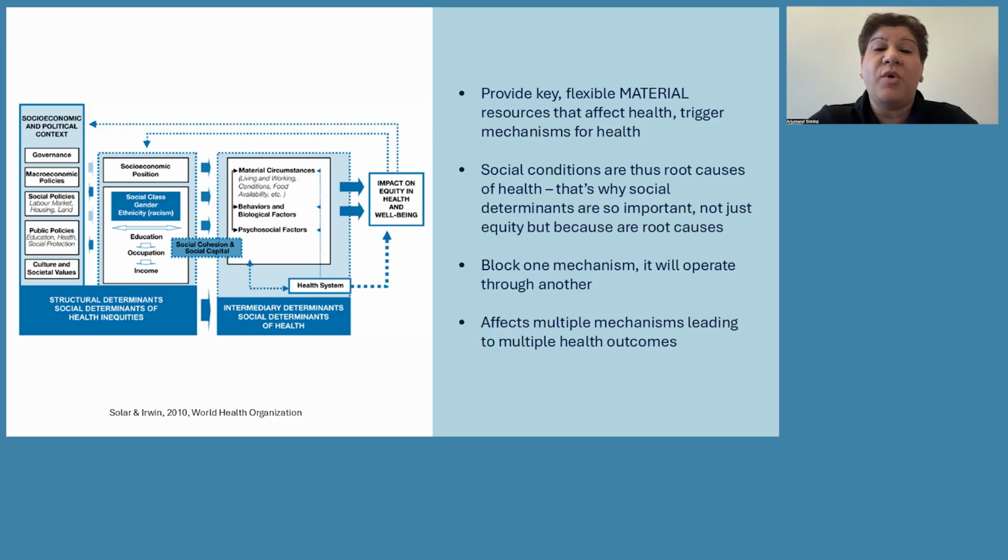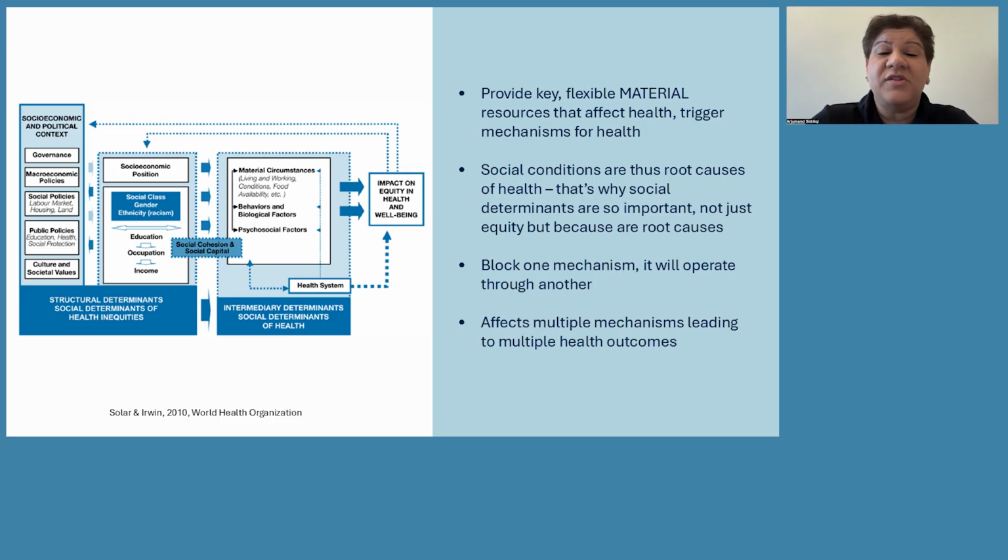So it's a store of sort of resources that enable you to kind of live a healthy life, or if you don't have them, make you vulnerable to not having the conditions for health. So, as a fundamental cause, they are root causes, and that's what makes them so important.